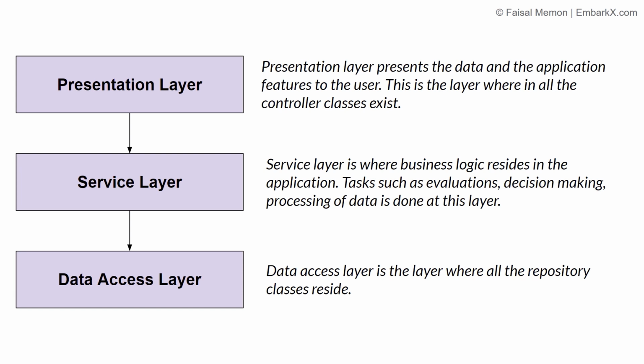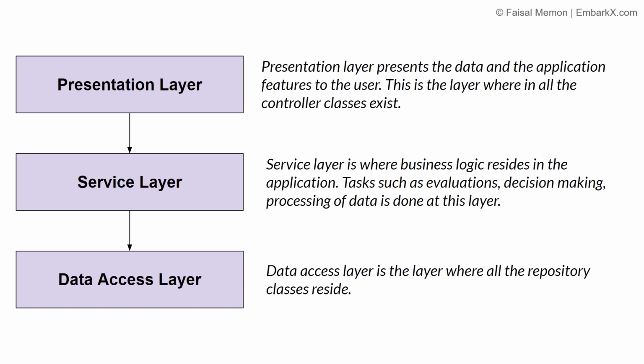The underlying database can be any database, like a relational database or a NoSQL database, but it is the job of the data access layer to access the data and interact with the database lying under it. So this is how a typical Spring Boot architecture looks. These are the three different layers in which the application exists.